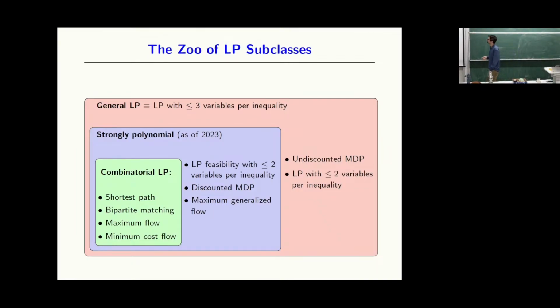So basically if you can solve LPs with at most 3 variables per inequality in strongly polynomial time, you can solve all linear programs. So there's a natural barrier between 2 and 3. And it's just the simple thing of taking an inequality that has more variables and writing it as 2 inequalities where you aggregate some of the variables.